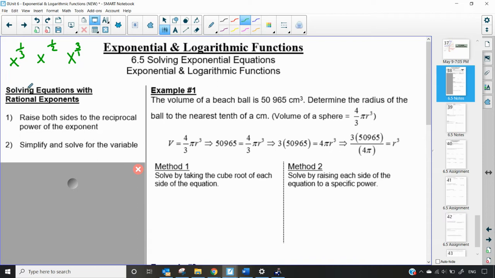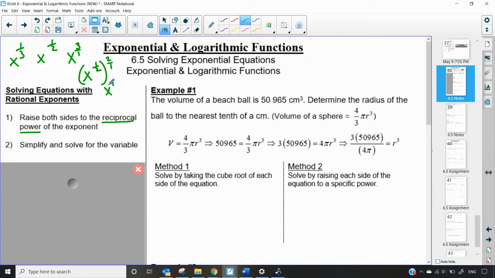So if we have to solve an equation where we have a rational exponent, the first thing we're going to do is raise both sides to the reciprocal power. And the reason that we're doing that is because by raising it to the reciprocal power, we ultimately cancel out that exponent and leave it as x to the 1. So for example, if I had x to the 1/2 and I wanted to solve for x, I would raise it to the power 2/1, which based on my exponent laws, I would multiply, and 1/2 times 2/1 would just give me x to the 1.